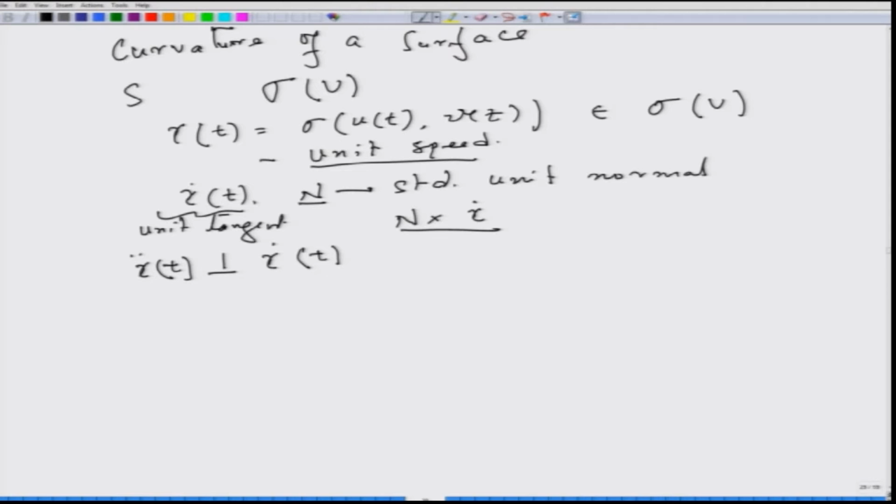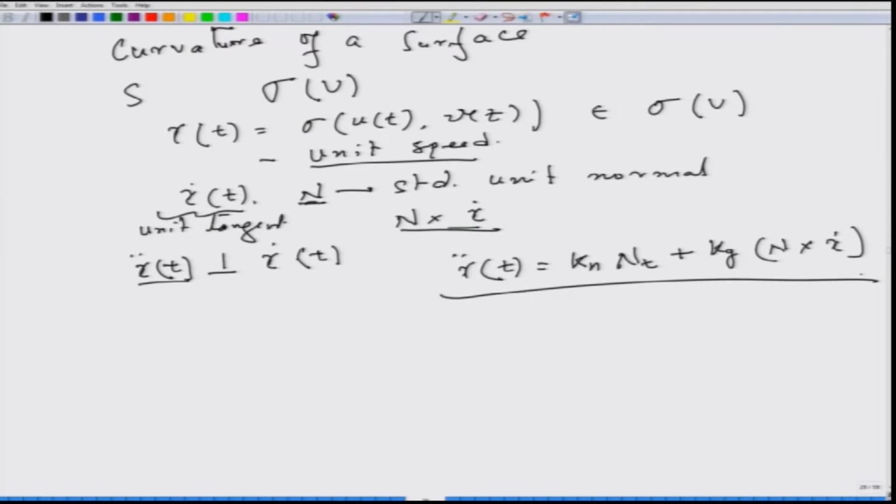These three vectors form a basis of R3, so gamma double dot t will be k_n n plus k_g (n cross gamma dot). Why I am writing n, I will explain. This is a linear combination of these two vectors.